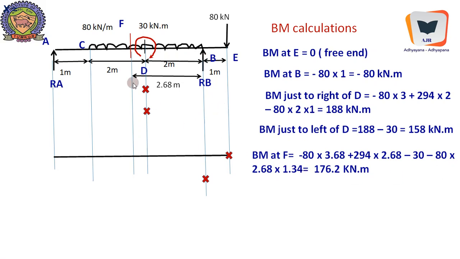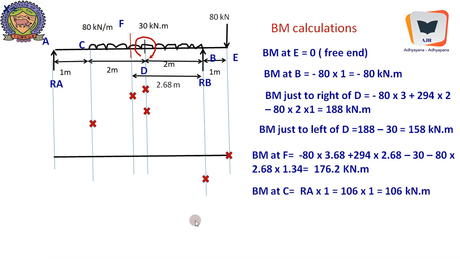So 80 into 2.68 will give us the equivalent concentrated load due to this UDL, into 1.34, which happens to be half of 2.68, which is the moment arm. So bending moment will go somewhere over here. There is a reduction, which is contrary to our expectations because of the arrival of the concentrated moment in between.